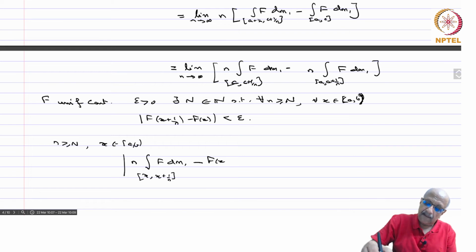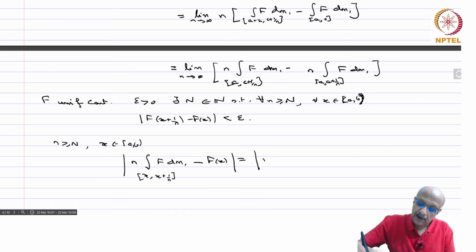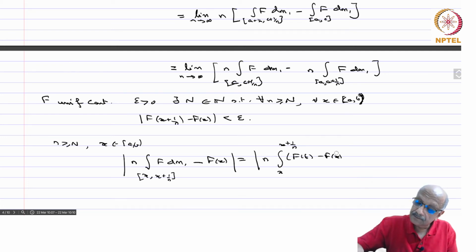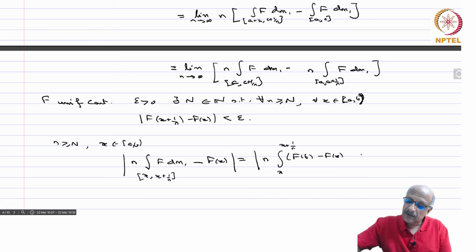mod n times the integral of f dm1 from x to x plus 1 by n minus f of x is equal to mod n times the integral from x to x plus 1 by n, and I can also write it as a Riemann integral because it is continuous and so on, of f(t) minus f of x dt, because f of x is a constant, and this is less than epsilon.